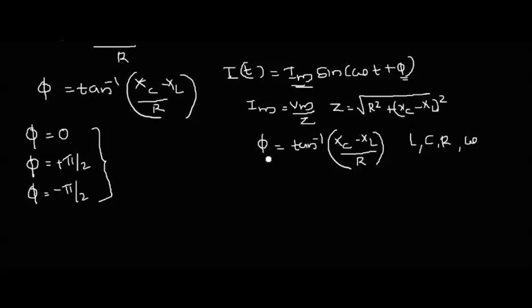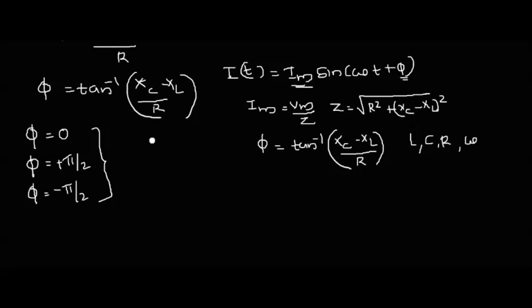That can be any value. That can be 0, plus pi by 2, minus pi by 2. That can be 30, 60. So we can say that the value of phi in a series LCR circuit is not a constant value. Depending upon the values of Xc, XL and R, the value of phi will change.